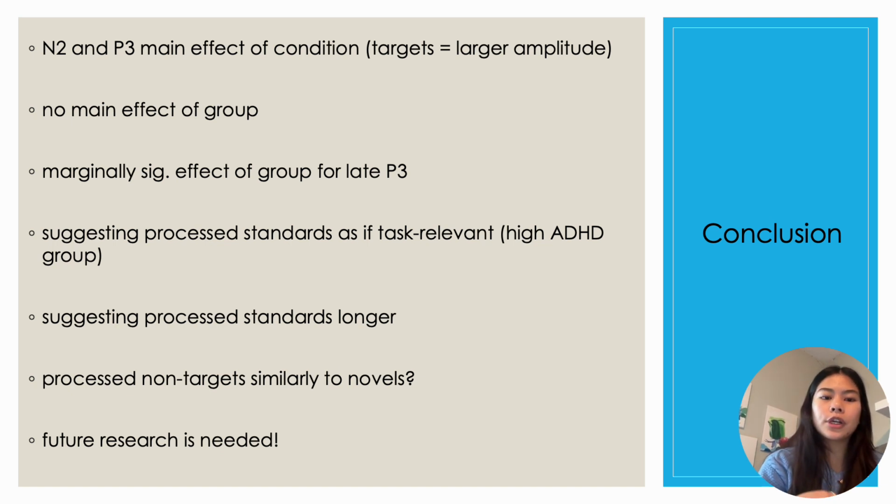I looked into this further and found that children in the high ADHD trait group had significantly larger amplitudes regarding the late P3 to standard stimuli compared to children in the low ADHD trait group, suggesting that they process standards as if task relevant and they process standards longer. Additionally, children in the high ADHD trait group process non-targets perhaps similar to how they process novels, by finding them to be attention-grabbing, distracting, task-irrelevant stimuli.